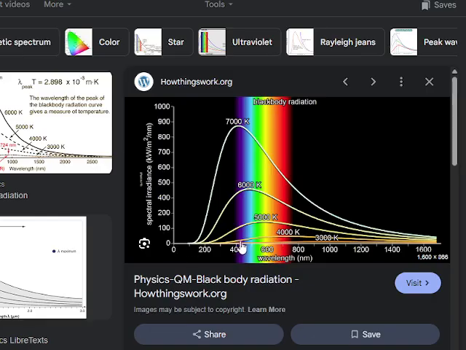The shorter the wavelength, it's going into X-ray and ultraviolet, and the longer wavelengths are going into red, infrared, radio, microwave. I could probably get that backwards. Also in these light curves there are dips, and these are due to molecules between us and the star, or in the outer atmosphere of the star.